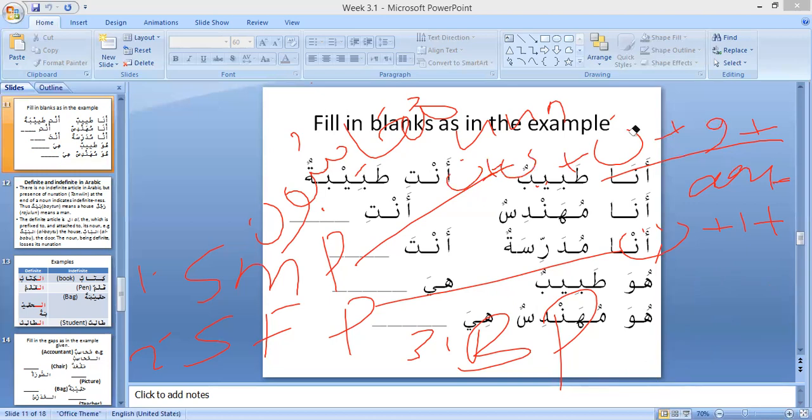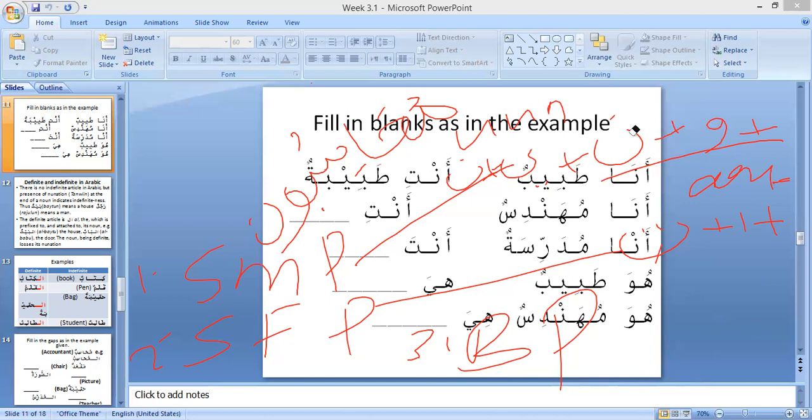Let's see sound feminine plural. For you to have sound masculine plural, the singular must be masculine. You have a singular masculine, you have dual masculine, then the plural masculine. You cannot have a singular feminine that ends up as a plural masculine. There's nothing of that kind.